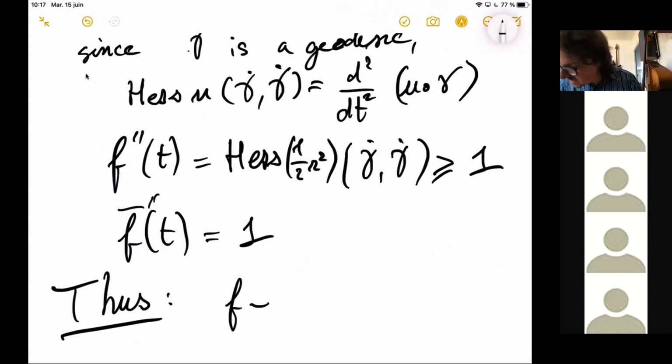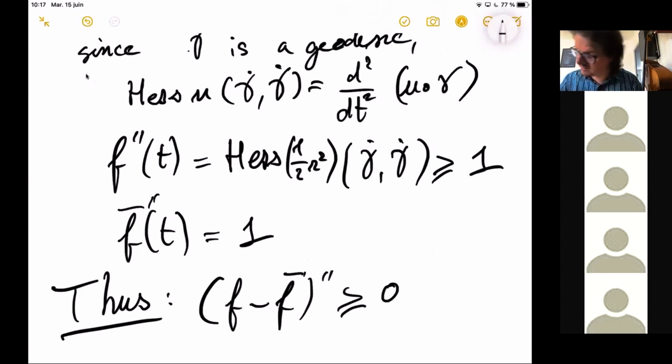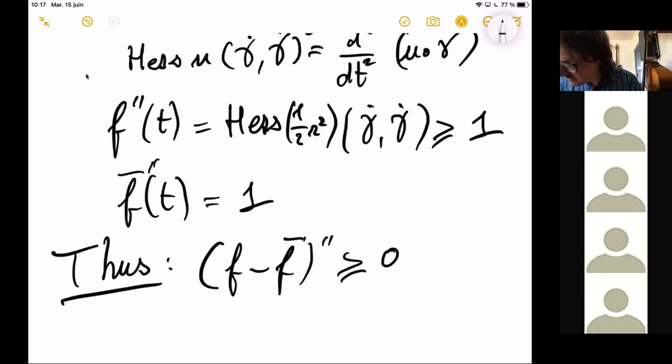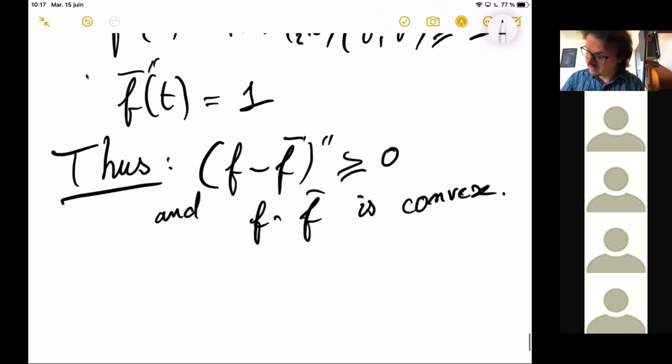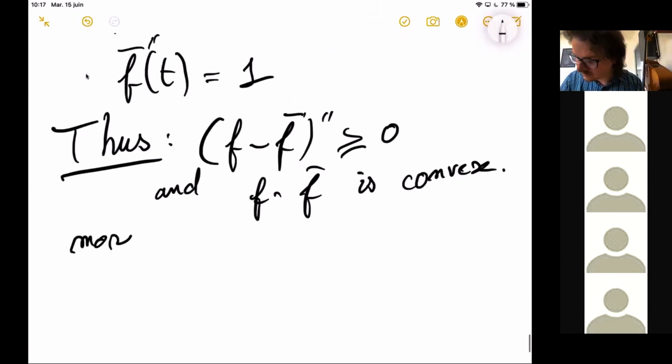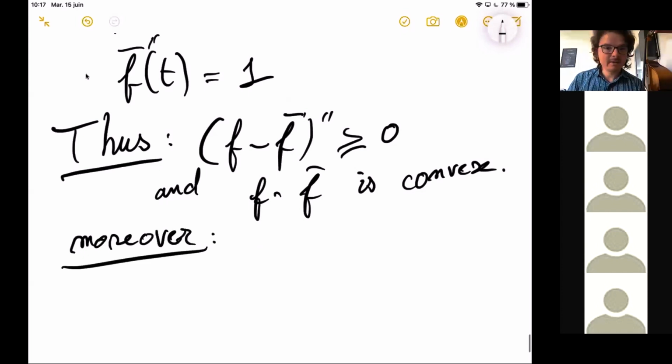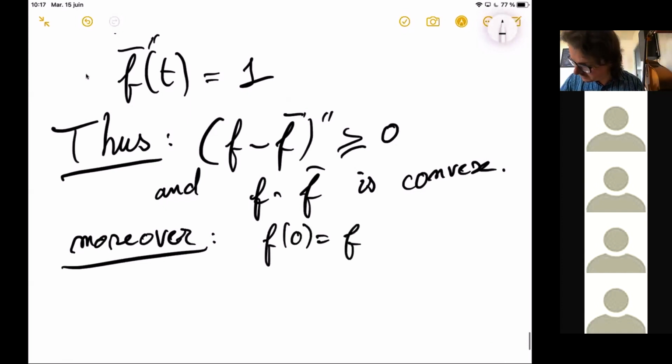Thus, if I take f minus f bar and I differentiate it twice, I get something which is bigger than 0, and f minus f bar is convex. Moreover, f of 0 is equal to the distance.